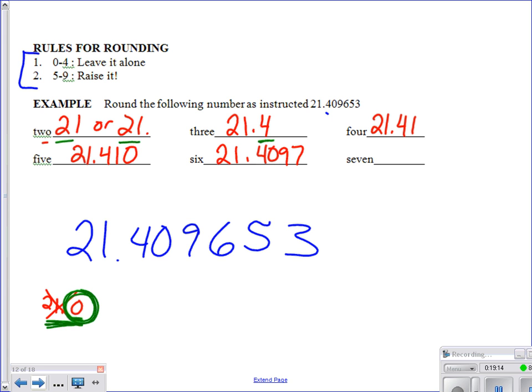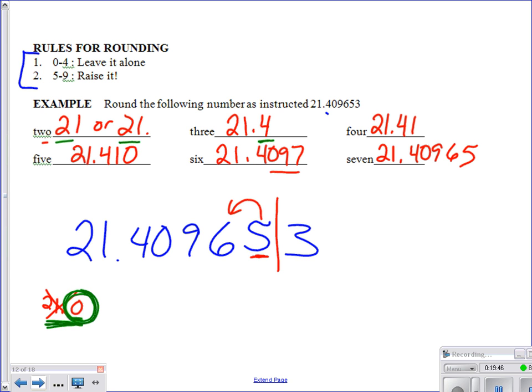Then finally, to 7 significant figures, 21.40965. No, because in this case, my hand's covering that 3, which you can't really see on the video. So I'm looking at this and thinking, okay, the way this is going to work is that this 5 rounds this up to a 7.